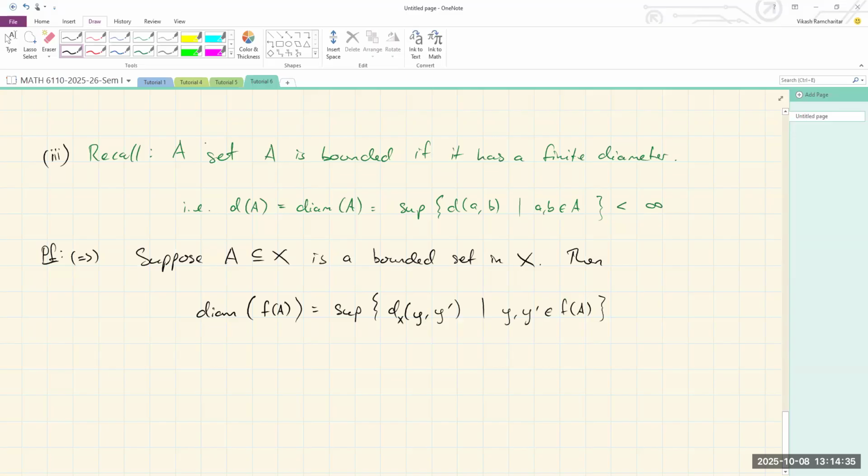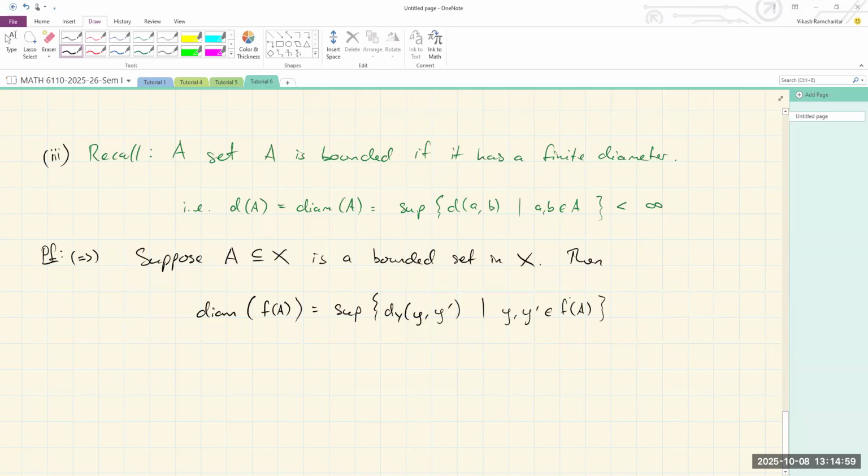So this is the distance in Y. Okay, so it's a distance between any two points in Y where those two points come from the set f of A. Right? That's just the definition of what the diameter of a set is.